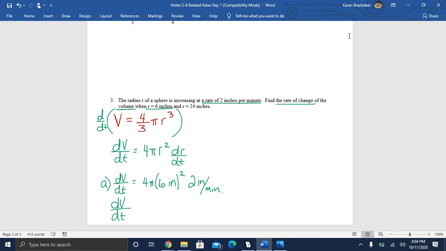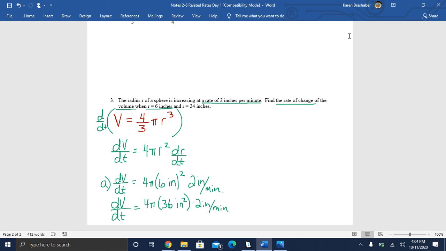So we can see the units on the volume. So dV/dt, and we'll leave our answers in terms of pi, is going to be 4 pi. And really, I know you could do this on a calculator all at once. I'm just trying to help you out here with the units a little bit. So 6 inches squared would be 36 inches squared, and then times 2 inches per minute.